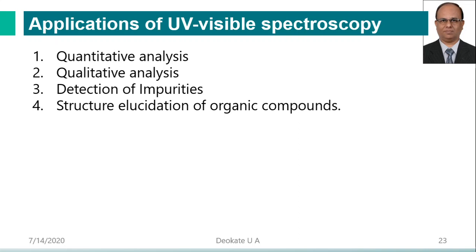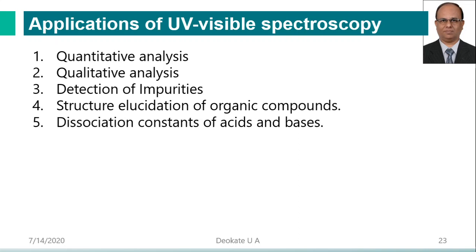From the location of peaks and combination of peaks, it can be concluded whether the compound is saturated or unsaturated. That also can be detected by using the position. So heteroatoms present or not present can also be detected in the structural elucidation process using UV visible spectroscopy.